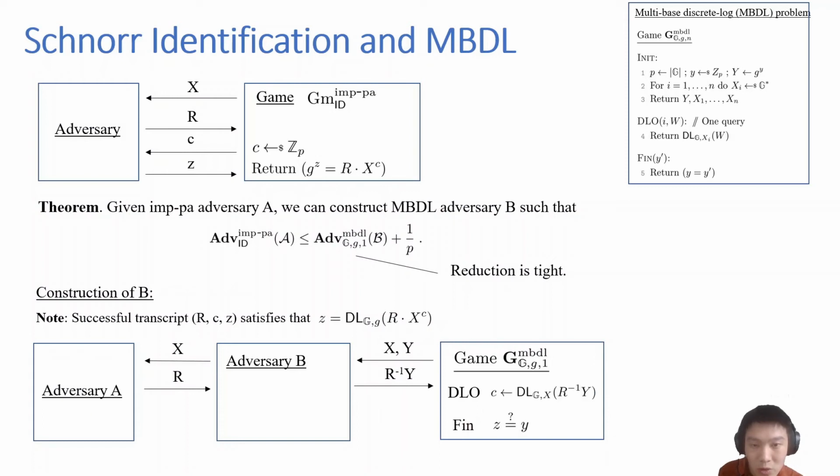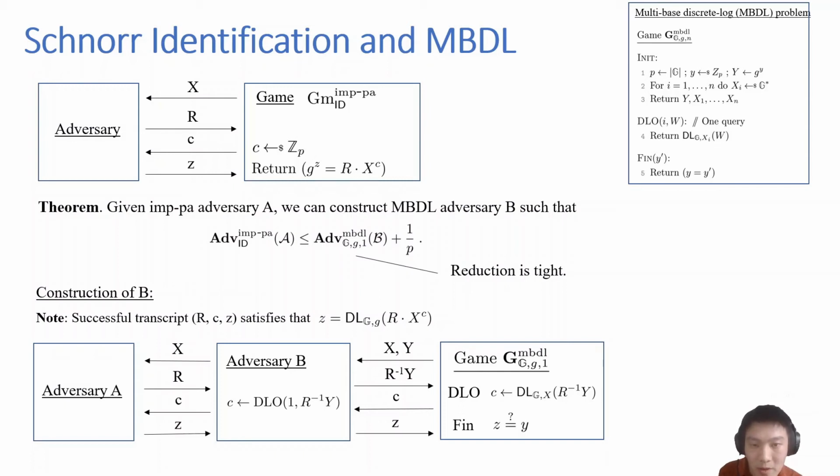And so the discrete log oracle will compute the discrete log base X of this group element R inverse times Y. And this is then forwarded all the way back to the impersonator.